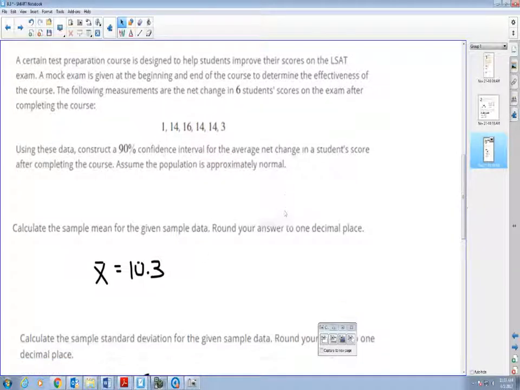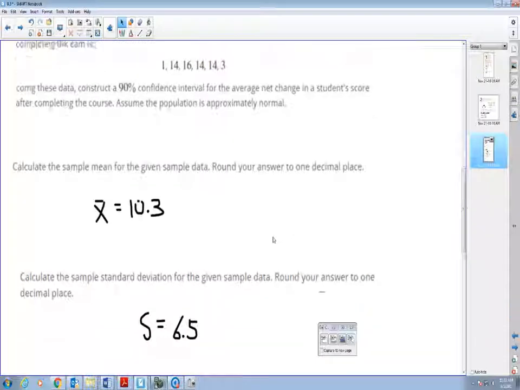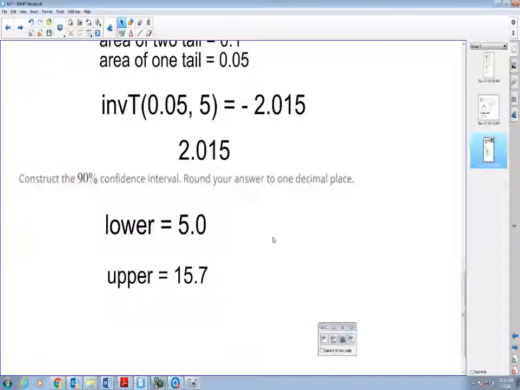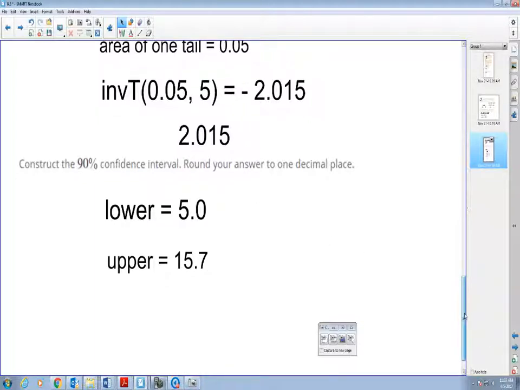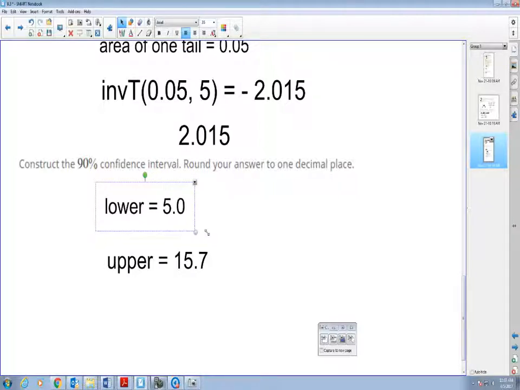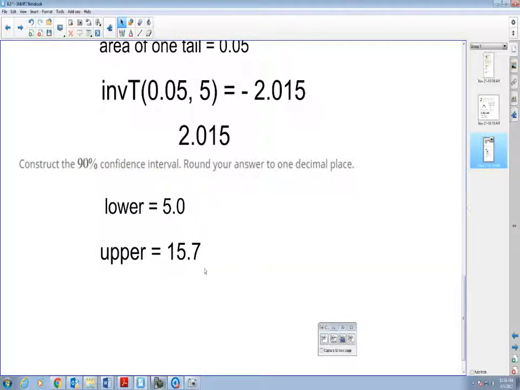The average change in students' LSAT scores from the beginning to the end of the course is from 5.0 to 15.7. That's how we construct the confidence interval using t intervals. All right, thank you for watching.